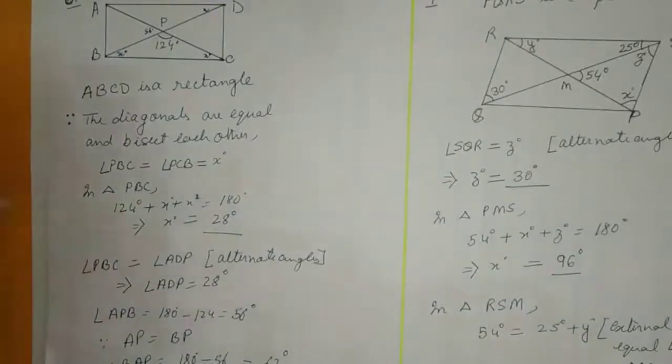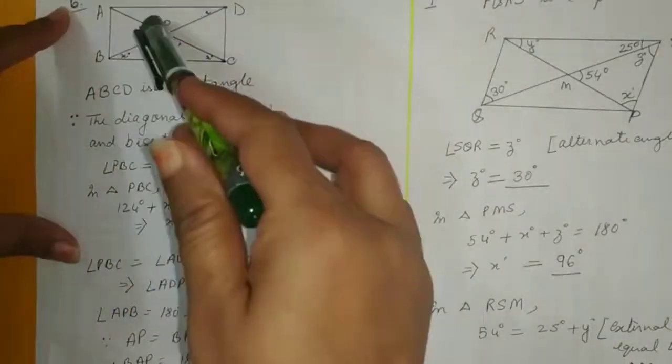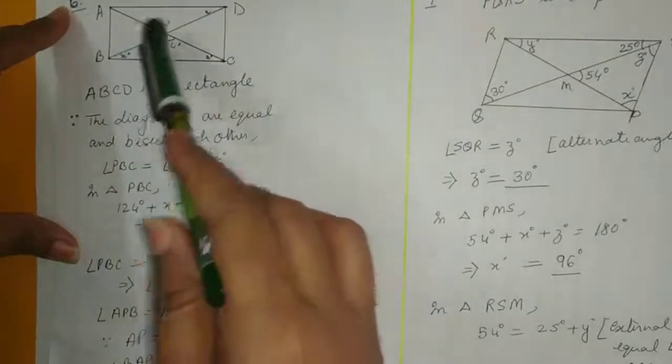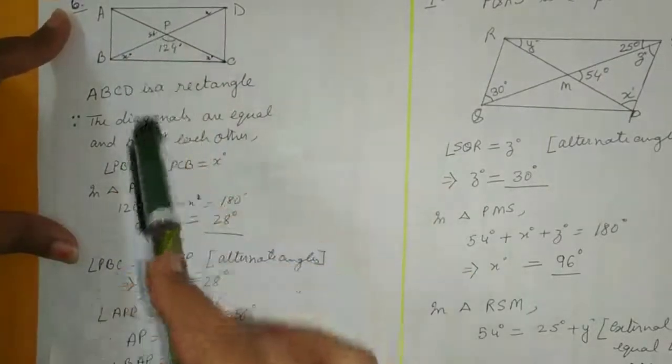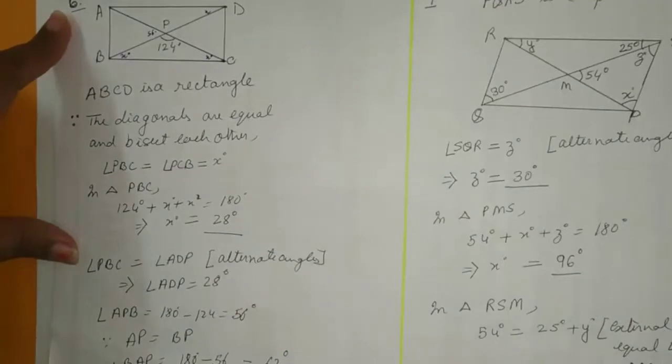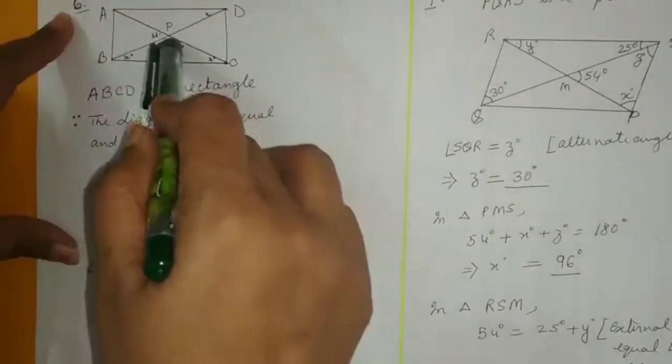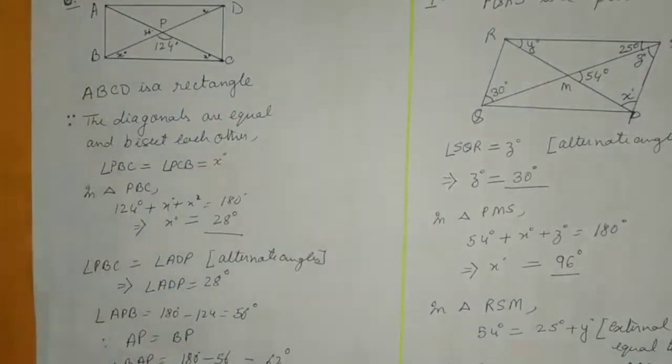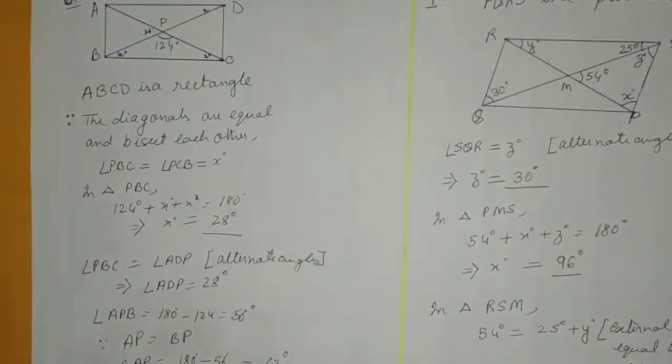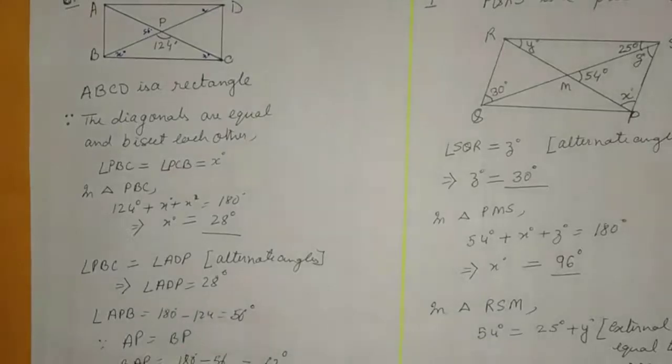So you can say that since AP and BP are equal, because in a rectangle the diagonals bisect each other, angle BAP is equal to 60 degrees. These are the concepts of the isosceles triangle.